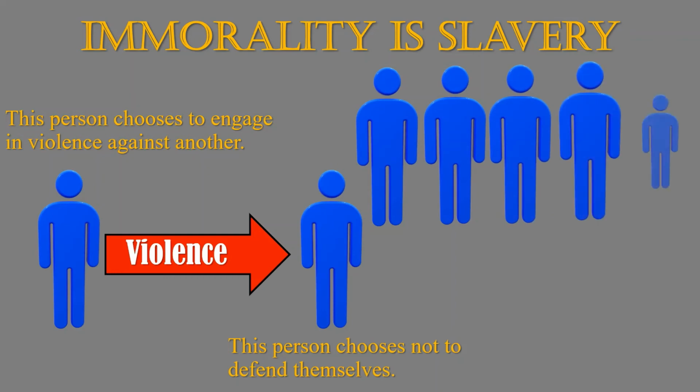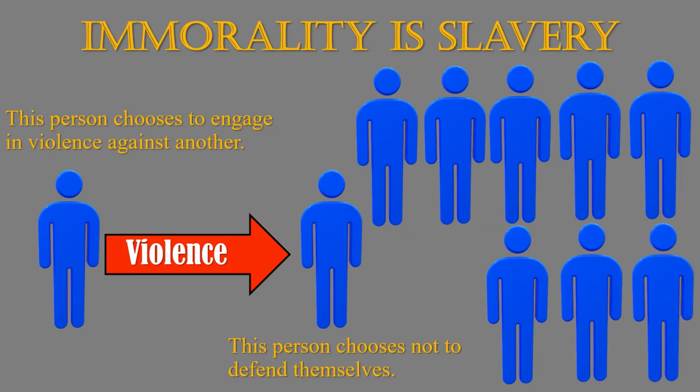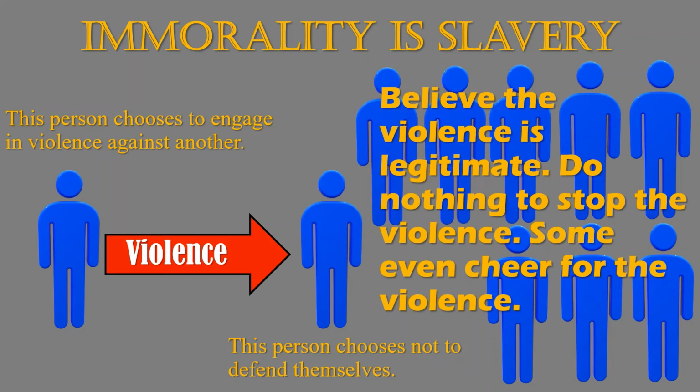And now you have the dynamic as more and more people are added to the equation. Now it changes. Now you have slavery growing in the aggregate. So you have more people now, and you have this group of people observing this violence. You got the person choosing to engage in violence against another, and the person choosing not to defend themselves.